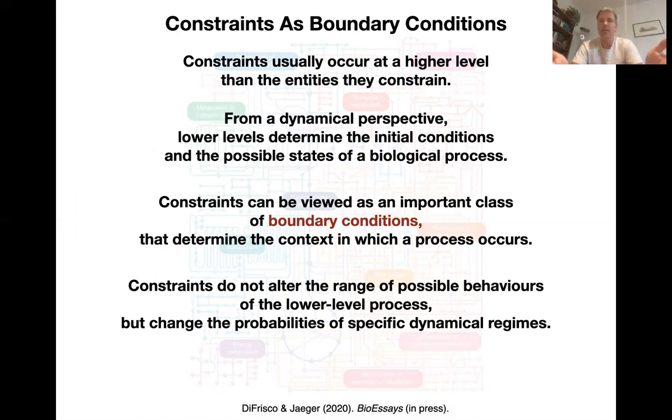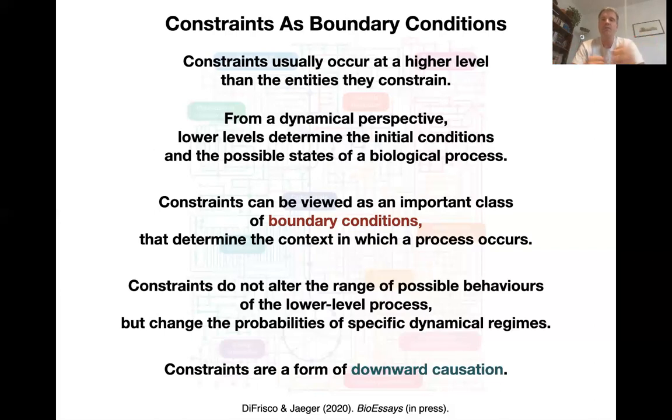Classical example, the enzymes again, right? That's what they do. They can't catalyze an impossible reaction, but they can speed up a reaction that is already possible without them. And this is very confusing to certain philosophers: constraints are a form of downward causation.